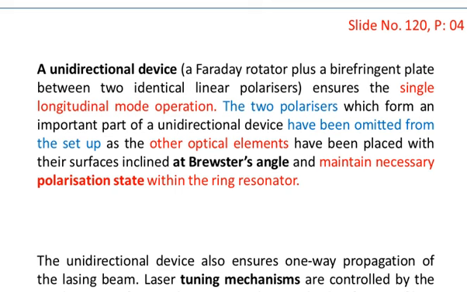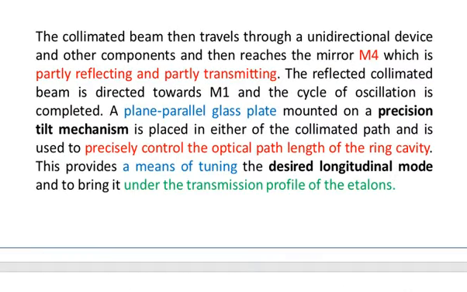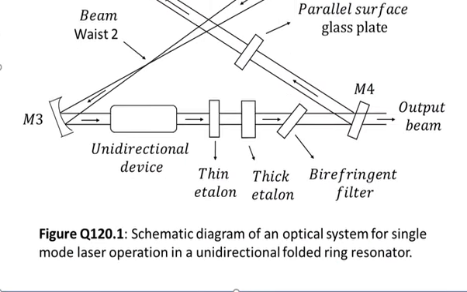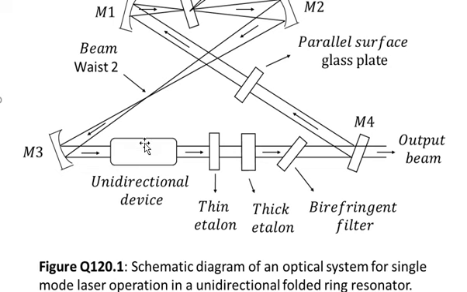So you see that the two polarizers, which are an essential part of a unidirectional device, are there, but have not been shown. That is, in the unidirectional device, I have not shown the Faraday rotator, the birefringent plate, and the two linear polarizers. These have not been shown. And the other components can be placed at Brewster angle in order to ensure the polarization state of the laser beam in the path from the mirror M3 to M4.